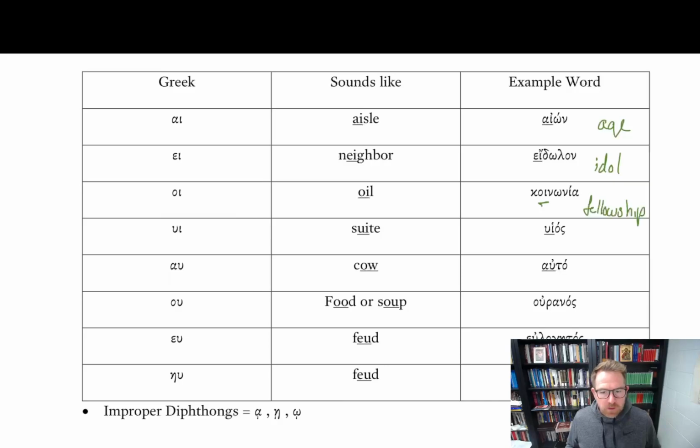Upsilon iota, like we as in sweet, or in this case, huios, which is the word for son. Now you're hearing an H sound in there, which is the rough breathing mark. I haven't talked about that, but huios is like sweet, upsilon iota. Alpha upsilon, like in cow, autos means it, or auta, excuse me.